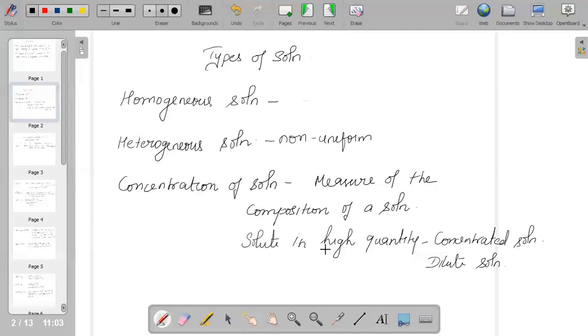In the same way, a solution with a relatively very small quantity of solute, you call that a dilute solution. So we categorize concentration into concentrated solution and dilute solution, deciding based on the quantity of solute present in it.